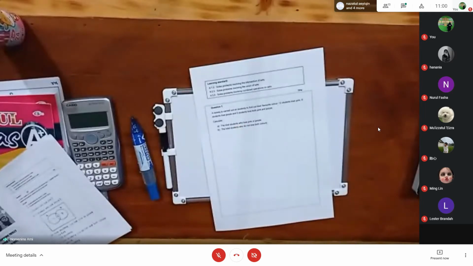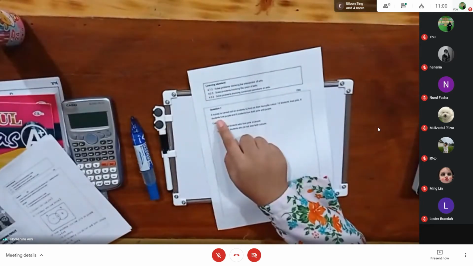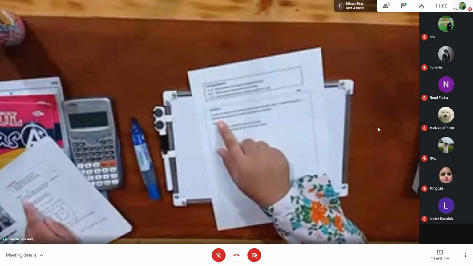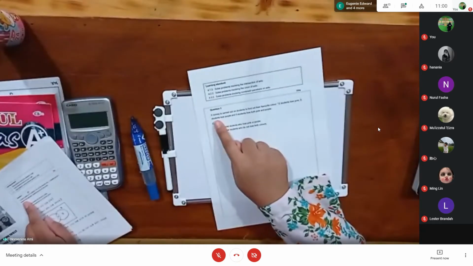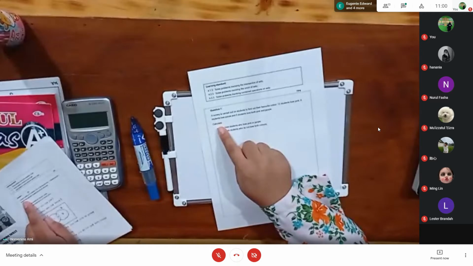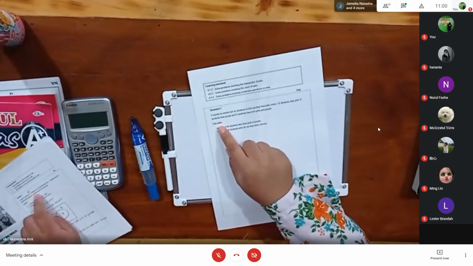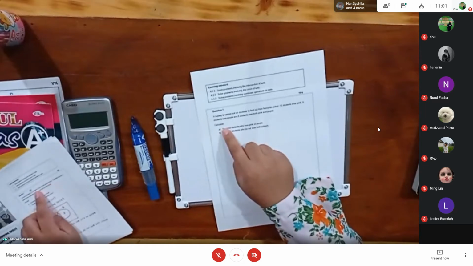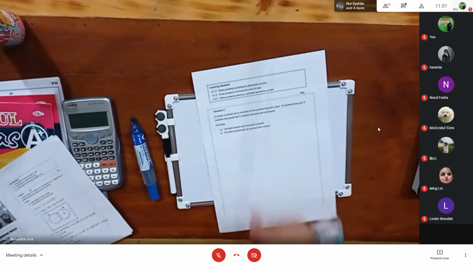I left out something that's really important. I read the question and you fix the question by yourself. A survey is carried out on 30 students to find out their favorite color. I left out the 30.